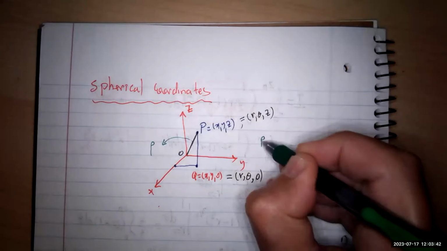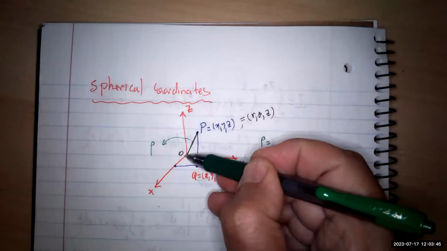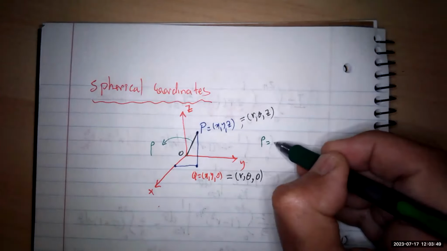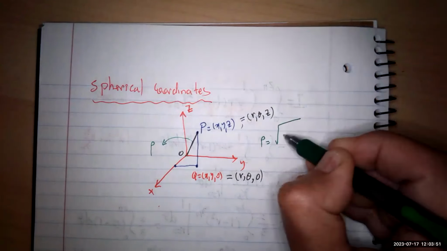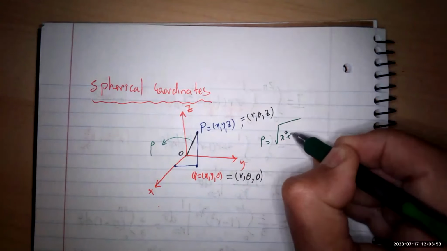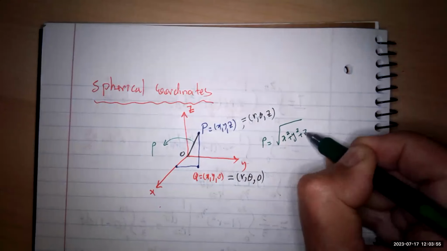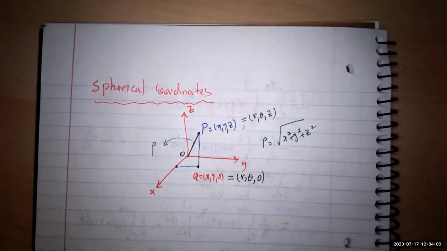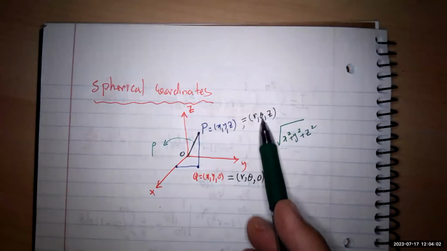Rho is the distance of P to the origin. You know that the distance from the origin is going to be the square root of x squared plus y squared plus z squared. So that would replace the r, if you like, in the case of the cylindrical coordinate that we're going to have.